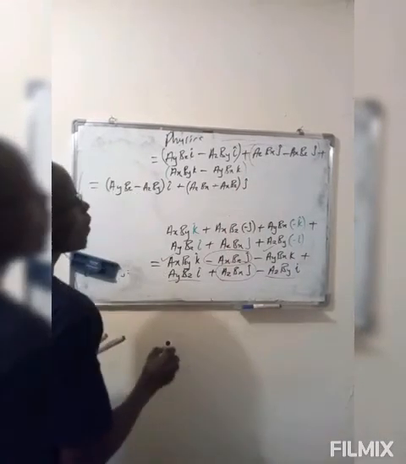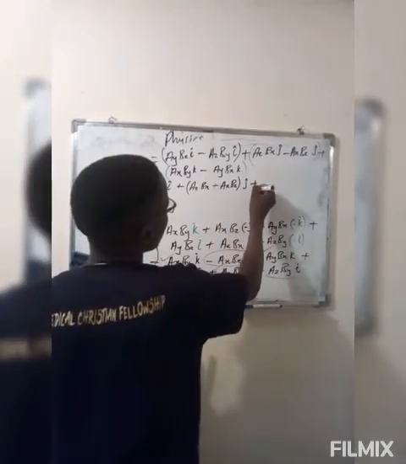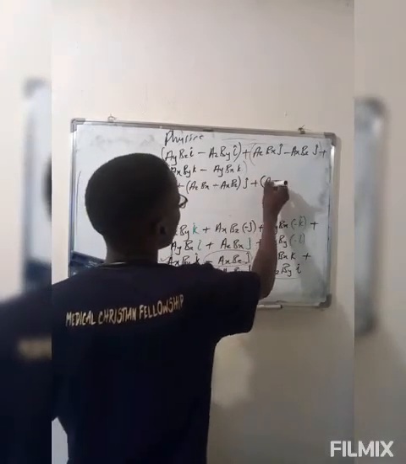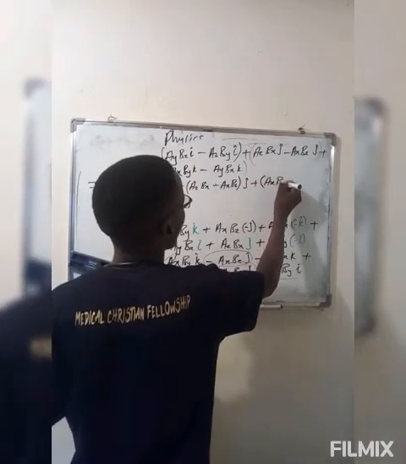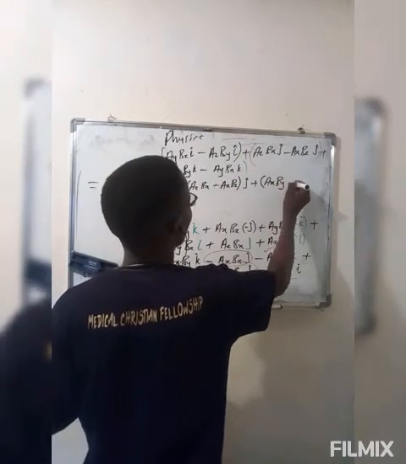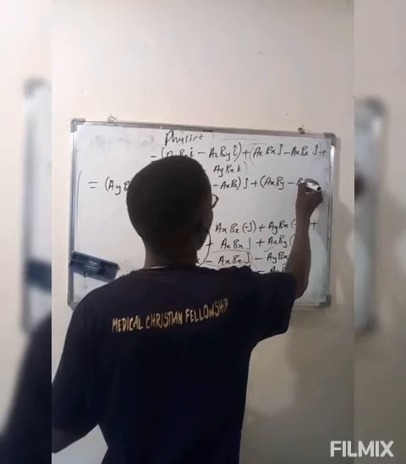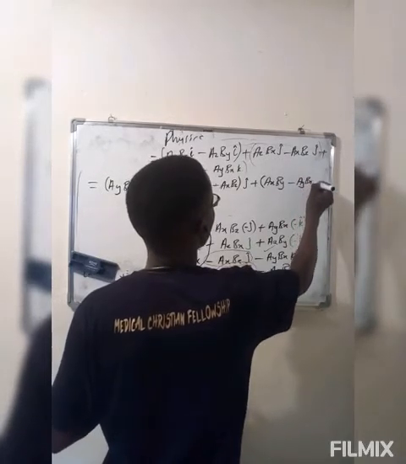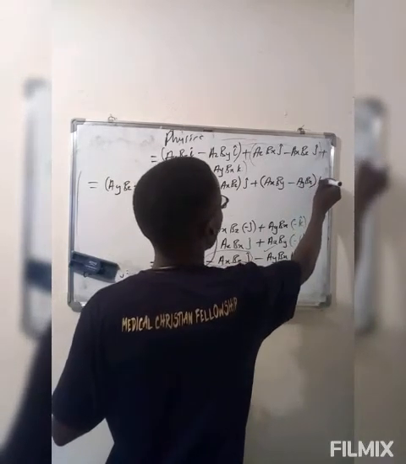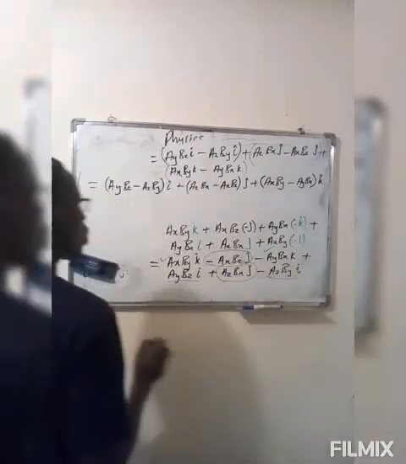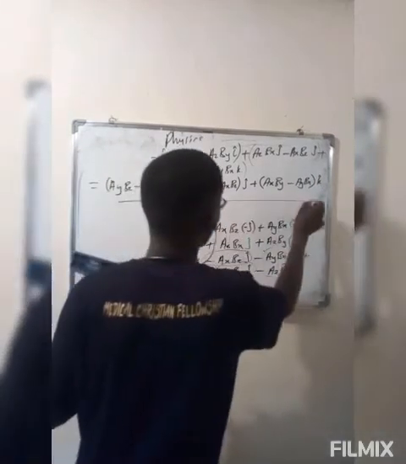Then lastly we have plus AX BY minus AY BX K. Okay, so this is going to be the answer, right?